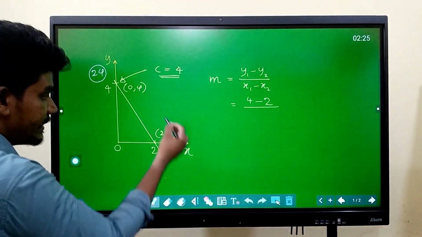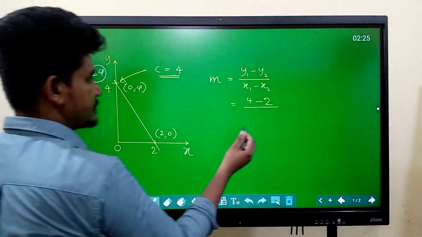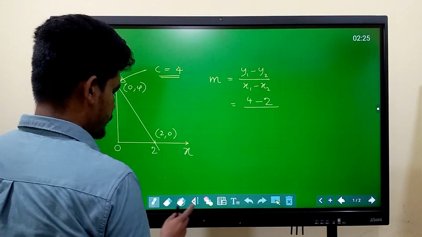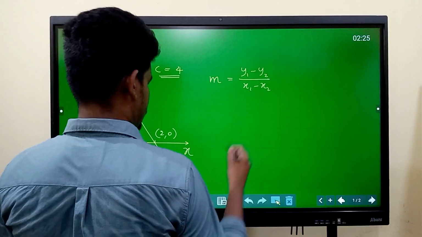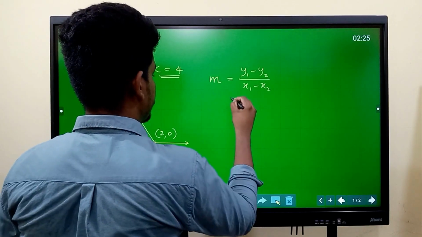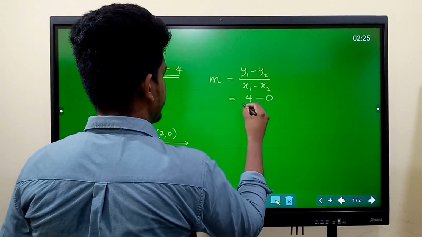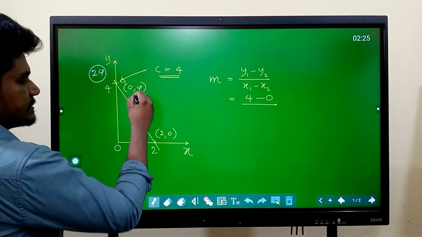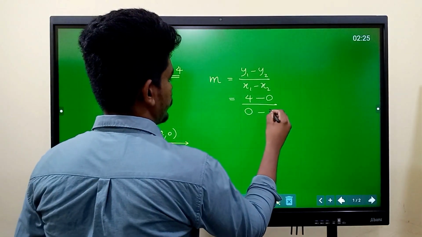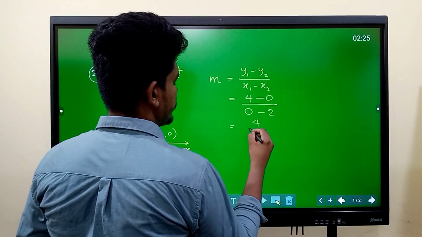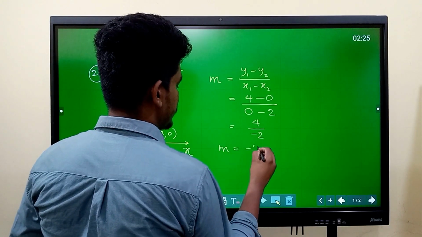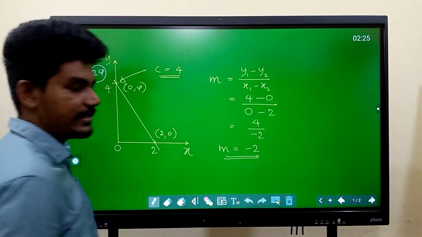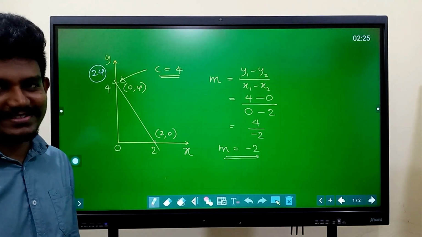Y values 4 minus 0 over 0 minus 2. Then 4 minus 0 is 4, and this will be minus 2, hence the gradient will be negative 2. Minus 2 is the gradient.